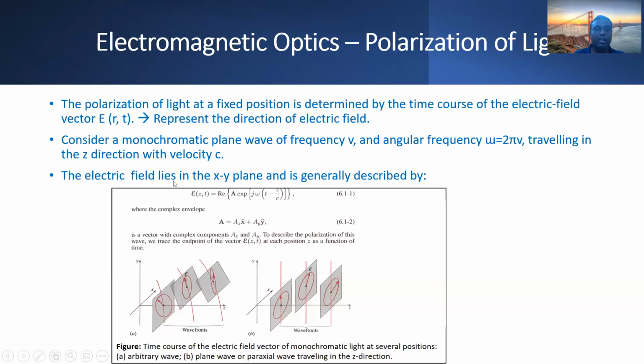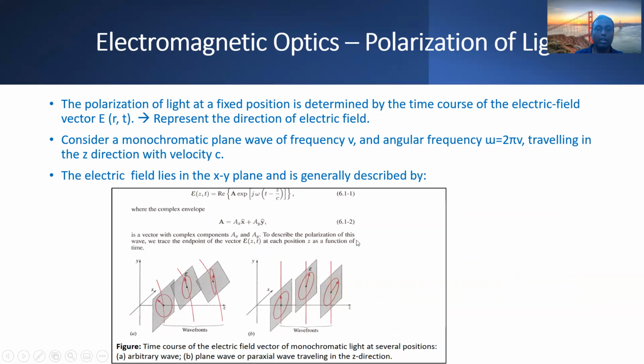The electric field lies in the xy plane and is generally described by this real equation, where the complex envelope is A equals A_x x vector plus A_y y vector. It's a vector with complex components A_x and A_y.